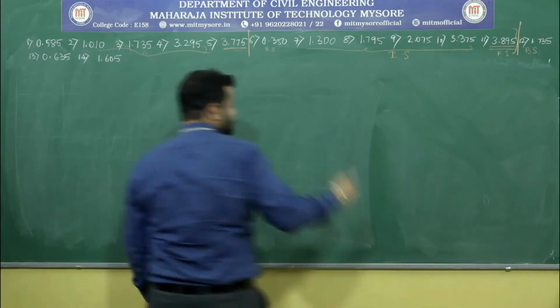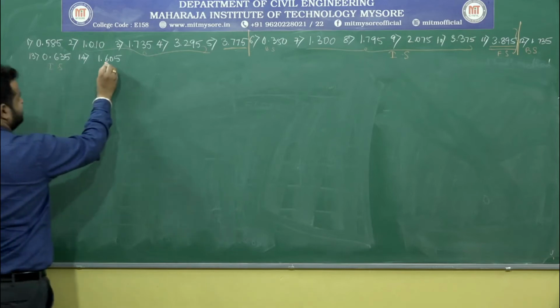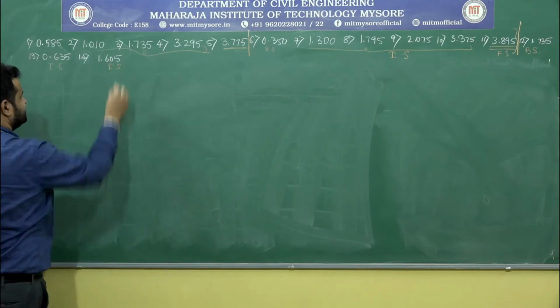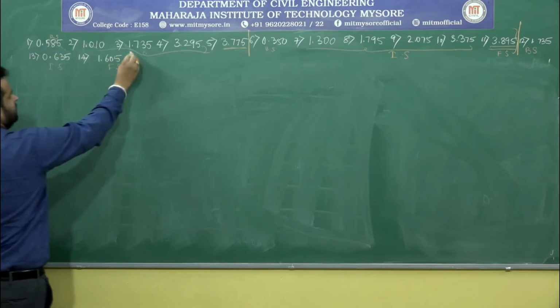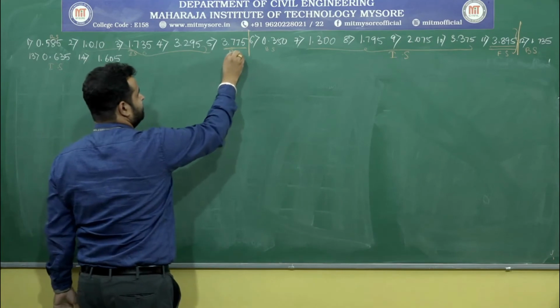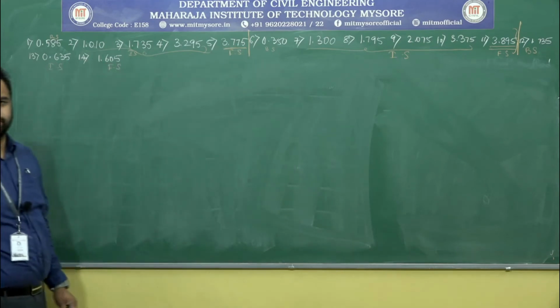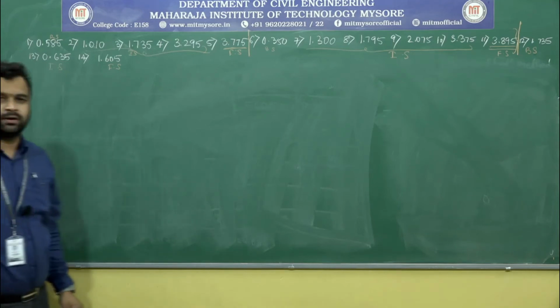Next, if that is BS, this will be IS, and since it is the last reading, this will be written as FS. So BS, IS, FS. So this is the hint given.